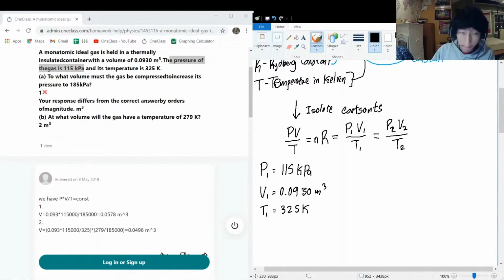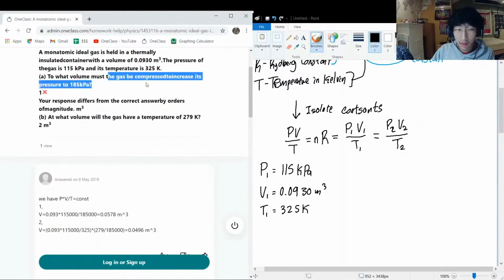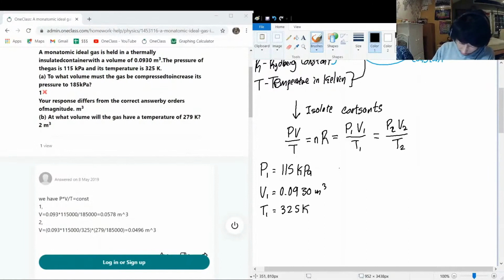Now, to what volume must the gas be compressed to increase its pressure to 185? So this will give us P2, 185 kilopascals. And we're going to assume that the temperature is going to be the same because it didn't say that we're going to change the temperature. So it seems that we're just reducing the volume to increase the pressure. Okay, so we're solving for the volume.